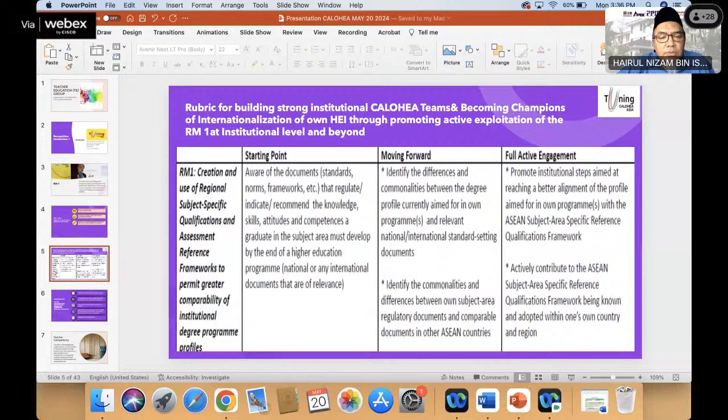As you can see in the second column, the stated starting point, as I mentioned earlier, is that we try to recognize relevant documents that can be our reference for this process, either standards, norms, or frameworks. Standards are something we use a lot in the teacher education group because there are many established standards as far as teacher competency is concerned.